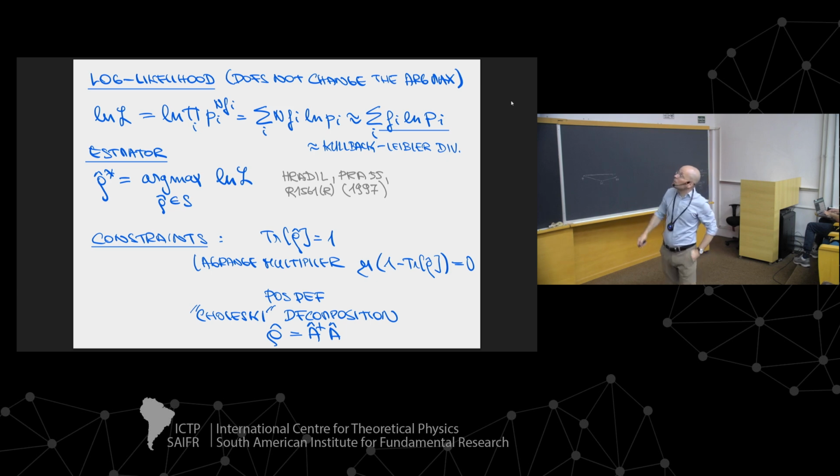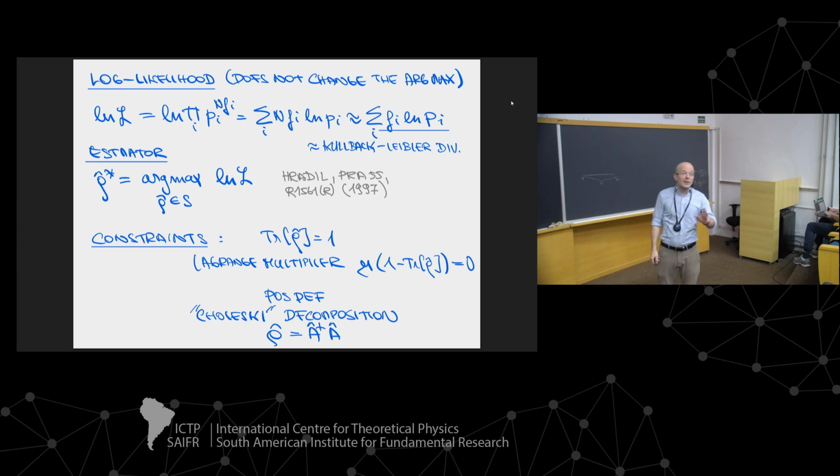Okay, so this is the formal formulation of the estimator. By the way, the first idea of using maximum likelihood, basically with such formulation, for quantum state estimation is from Zdeněk Hradil, quite an old proposal now.